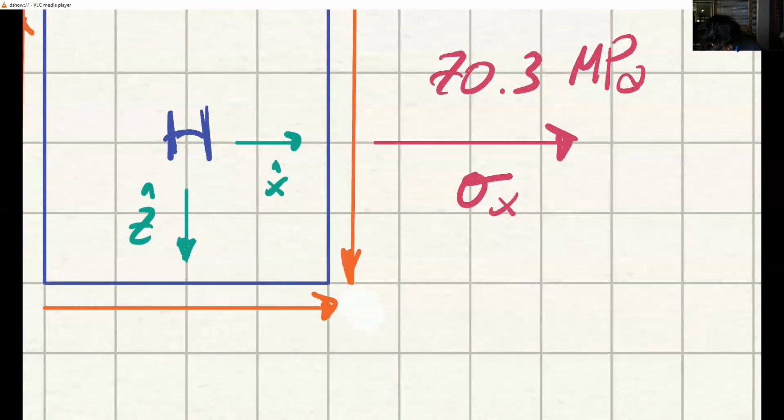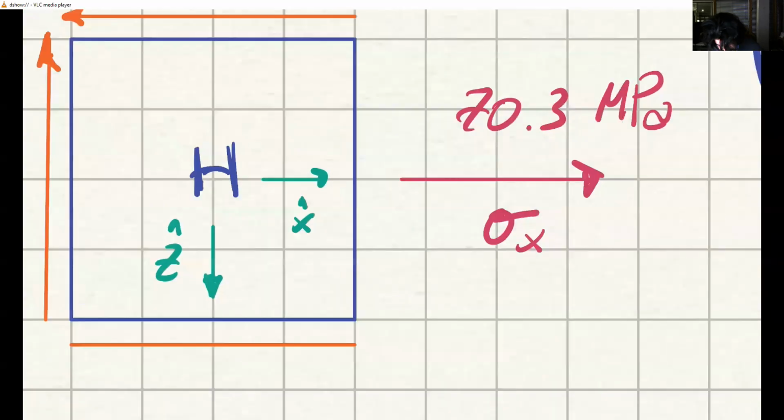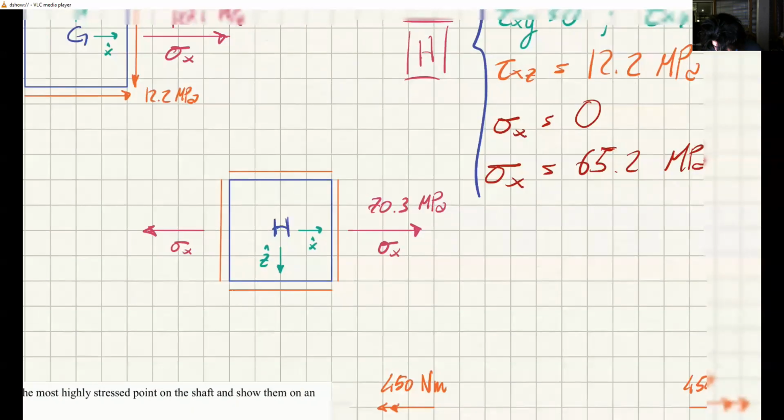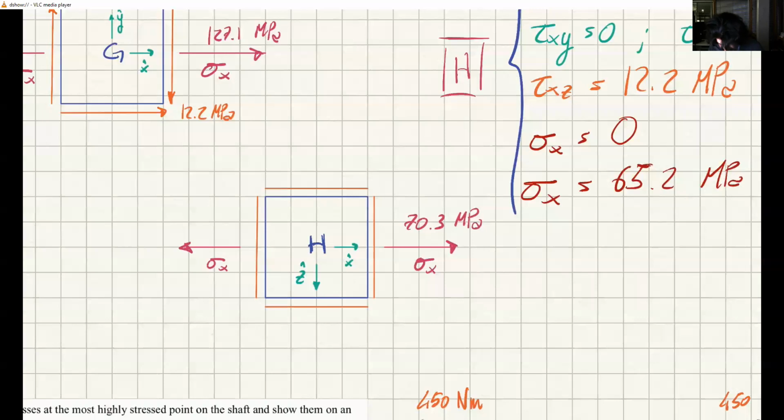Let's see if I can just this. No, I can't. Okay. I have to change the arrows around. Because tau xz is z direction, so x phase that direction z.